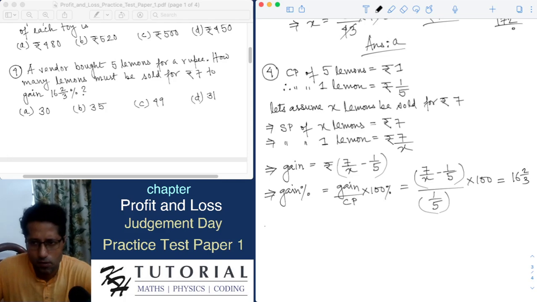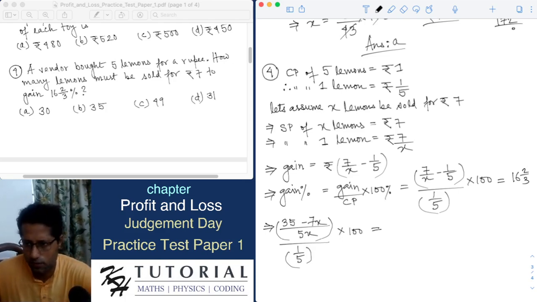So this implies we have, if you simplify 7 by X minus 1 by 5, it will be 35 minus 7x by 5x divided by 1 by 5 into 100 equals 16 and 2 by 3. If you simplify it to an improper fraction, this becomes 50 by 3.